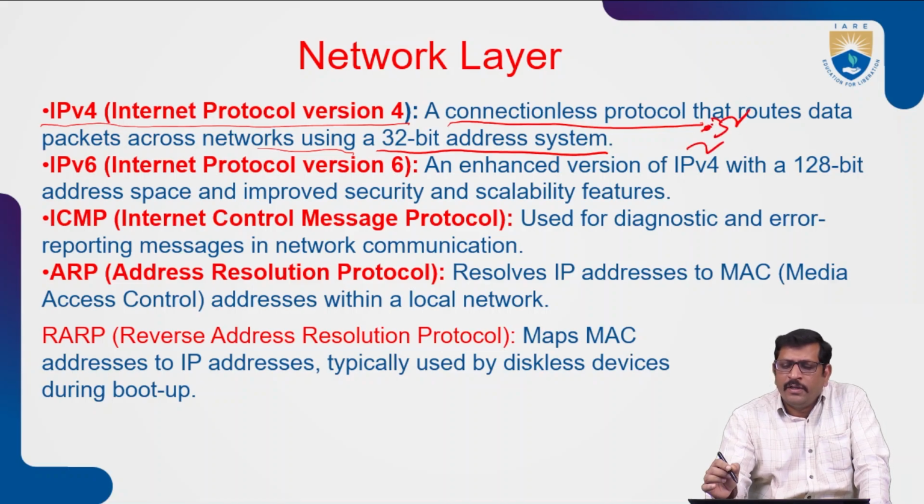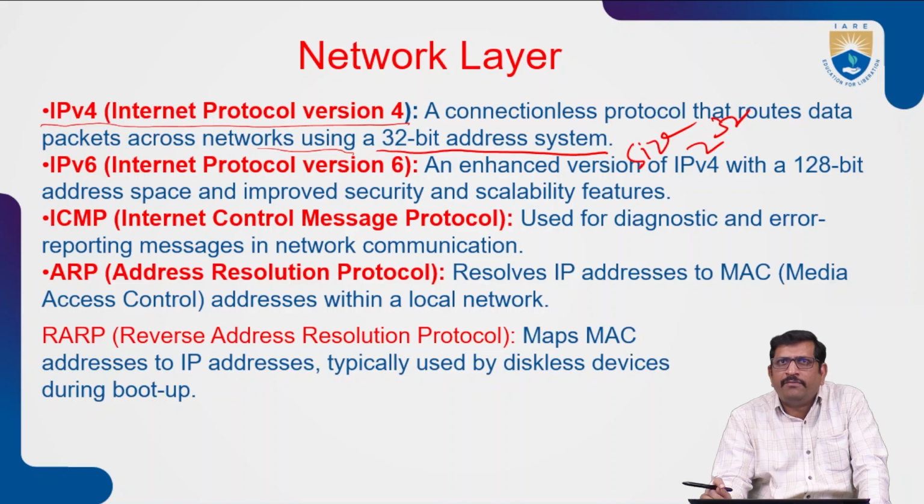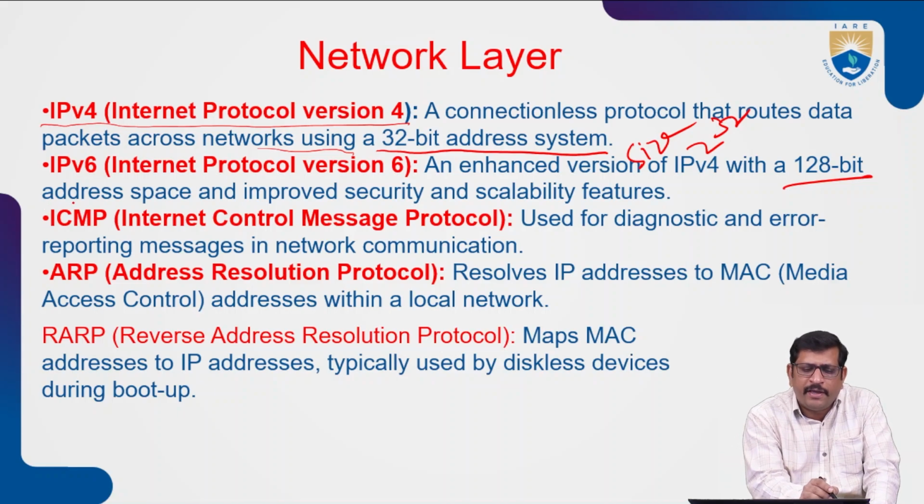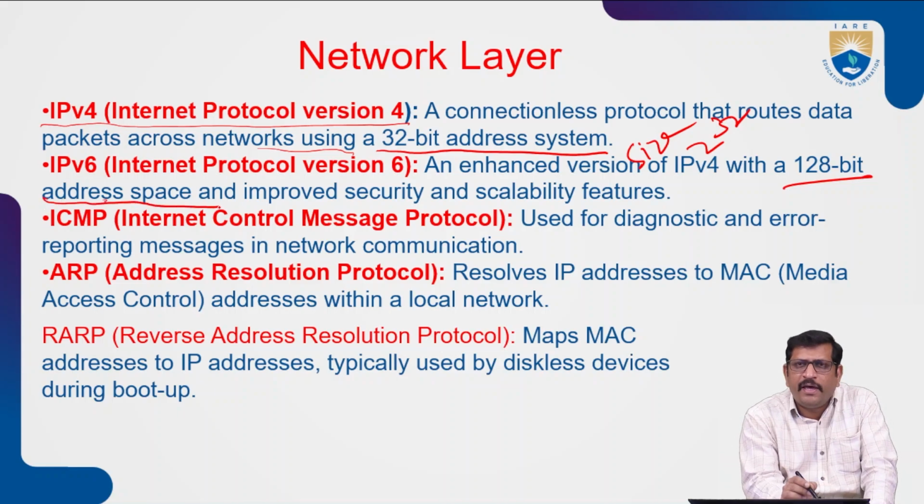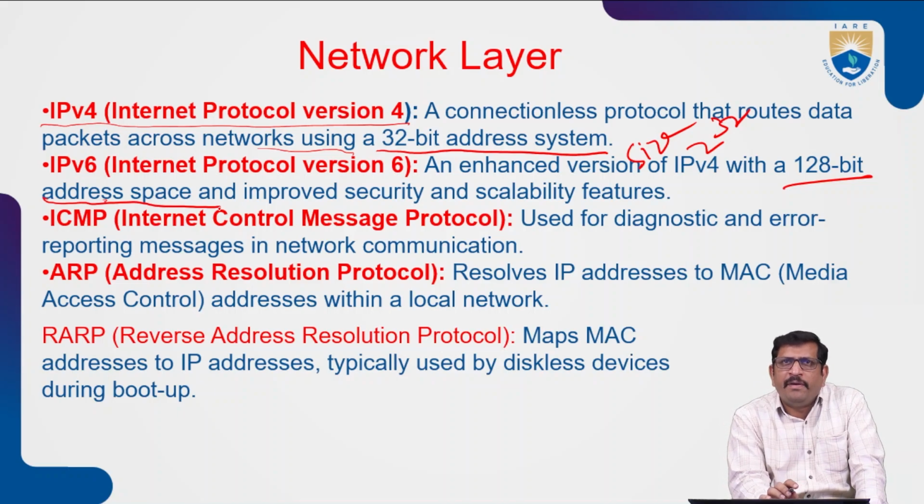And IPv6 is an enhanced version of IPv4, which uses 128 bits; a 128-bit address space is utilized in IPv6. The address in IPv4 we can represent in a numerical form.